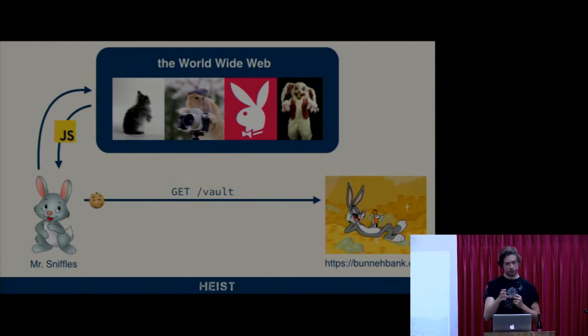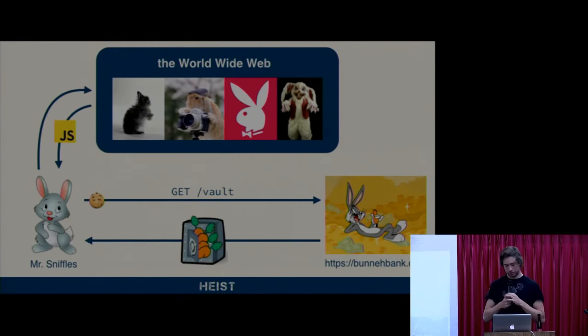So the browser of Mr. Sniffles can trigger requests to bunnybang.com to any endpoint, just by having JavaScript run on a different website. Now, of course, bunnybang.com does not know from where this request originated, so it will return the same thing as before. So it will return the contents of the vault.